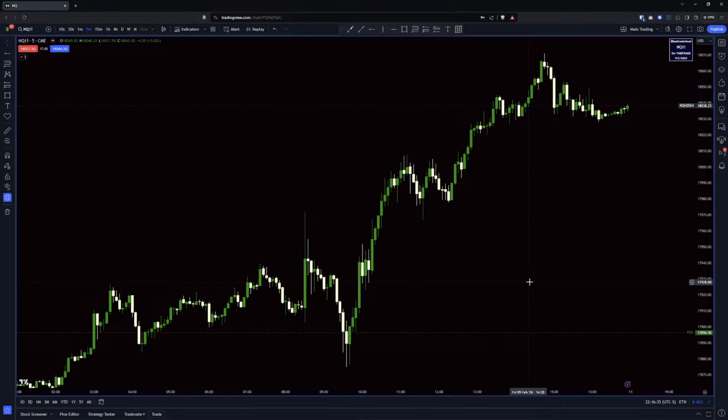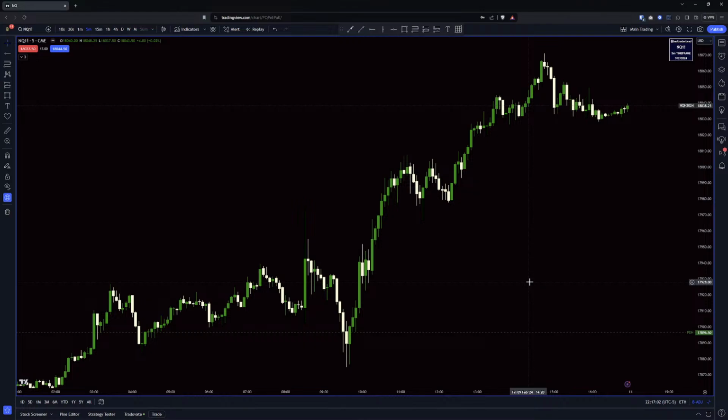If you don't know the power of three, it's just the concept of the three stages of any kind of market move, right? There's accumulation, manipulation, and distribution. A lot of people will say there's power of three in every candle. I agree. It's fractal, right?